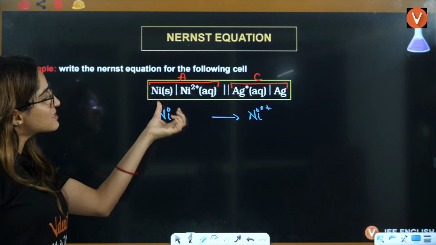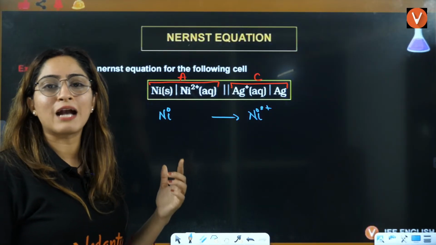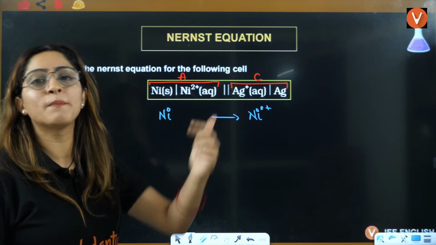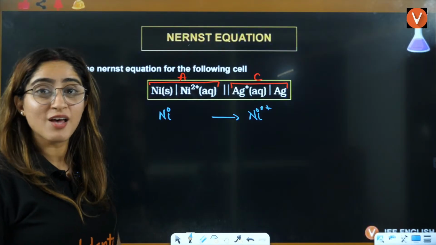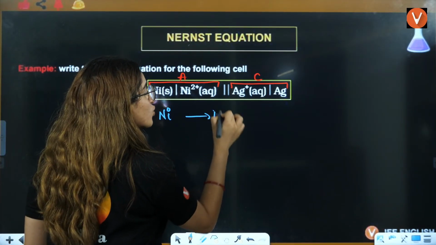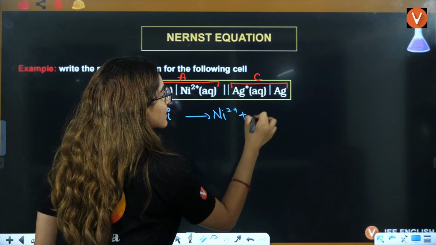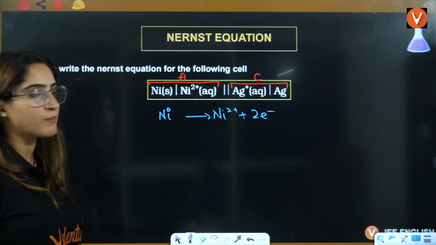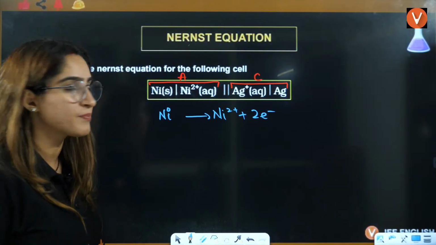Because it goes from 0 to +2, the oxidation number is increasing. That means oxidation is happening in this case, so it is losing electrons. It is losing 2 electrons because the charge is 2 positive here.